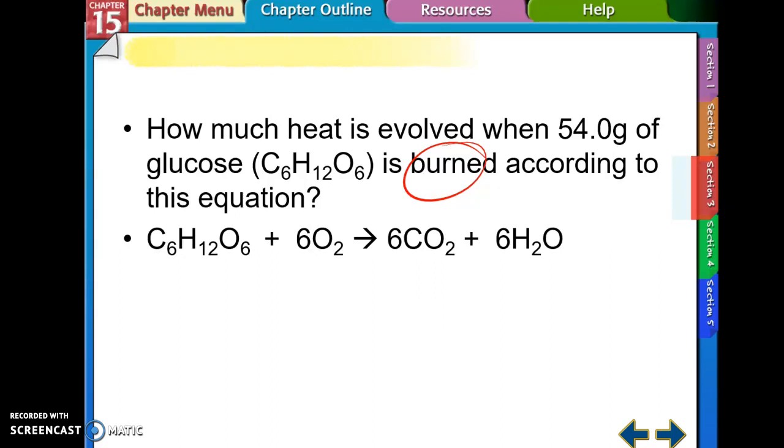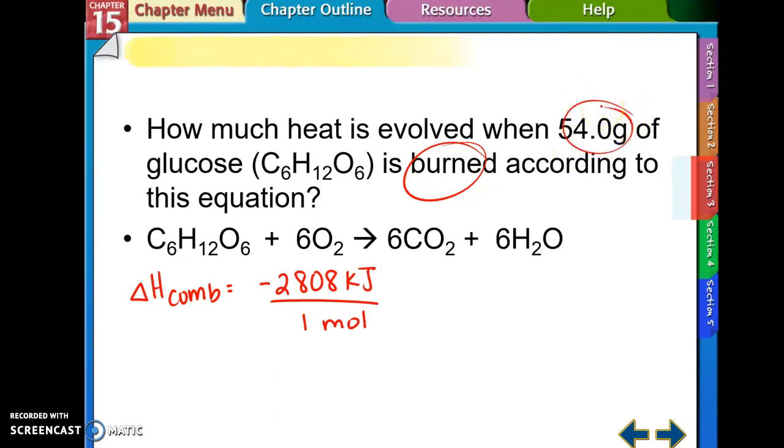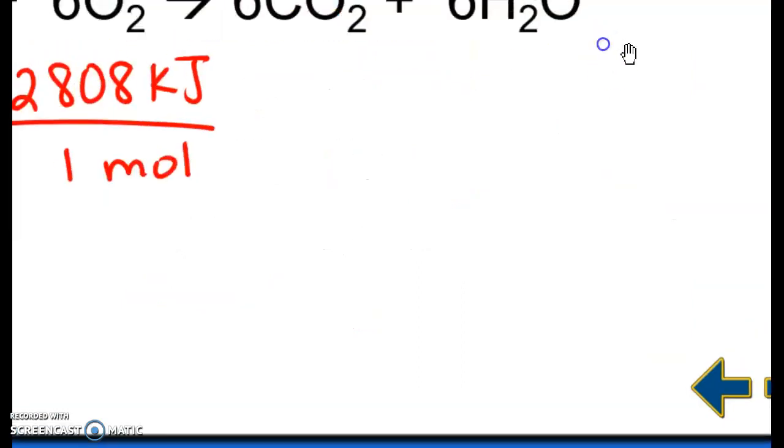So the first thing I'm going to write right here is that my delta H of combustion is negative 2808 kilojoules per 1 mole. And if I've got kilojoules per mole, and right here it's got 54 grams, and it wants to know how much heat. Well, heat is measured in kilojoules. So I'm going to go from grams to moles to kilojoules.